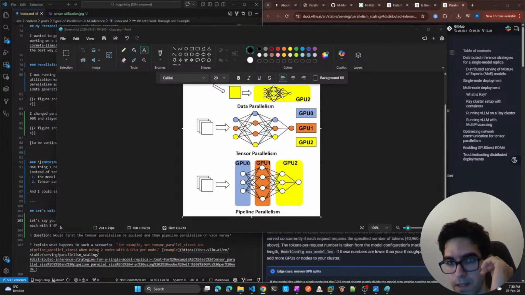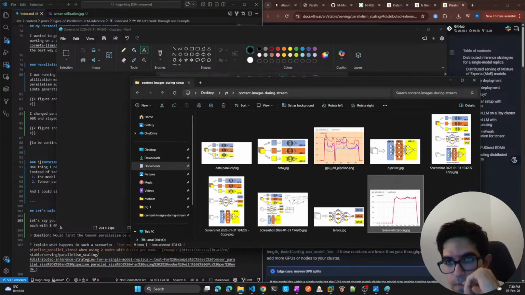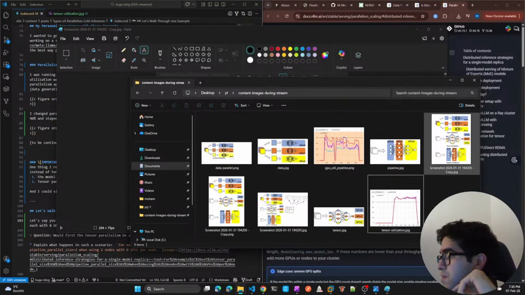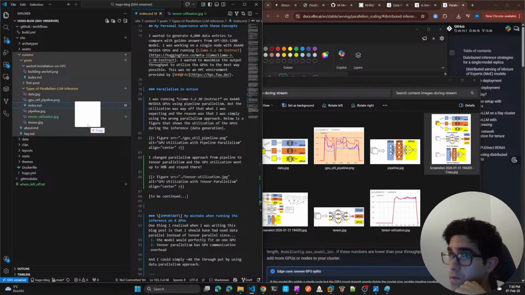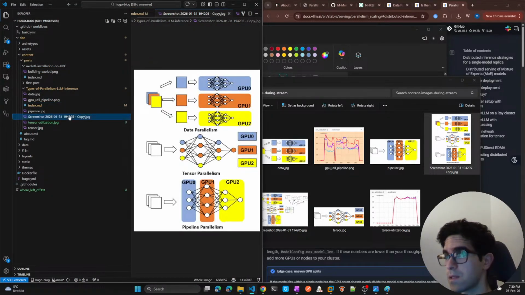Okay, and then the pictures again I have to upload, and name it all 3 types.